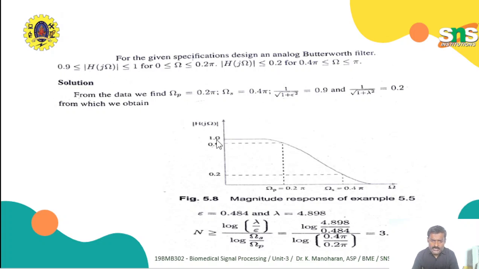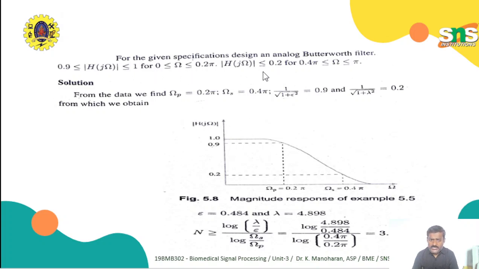I am taking this as 1 and this as 0.9. So the value will lie only between 0.9 and 1.0, always greater than 0.9 and up to 1.0 for the range of frequencies 0 to 0.25. So we have met the first constraint.